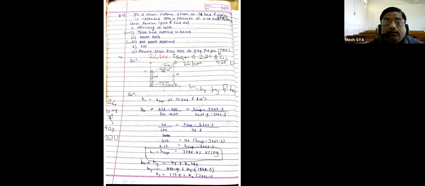Okay, so 420 minus 400 divided by 500. This is interpolation, as usual, we have done it. By taking the values at 400 and 500, we have found out the in-between value at 420.